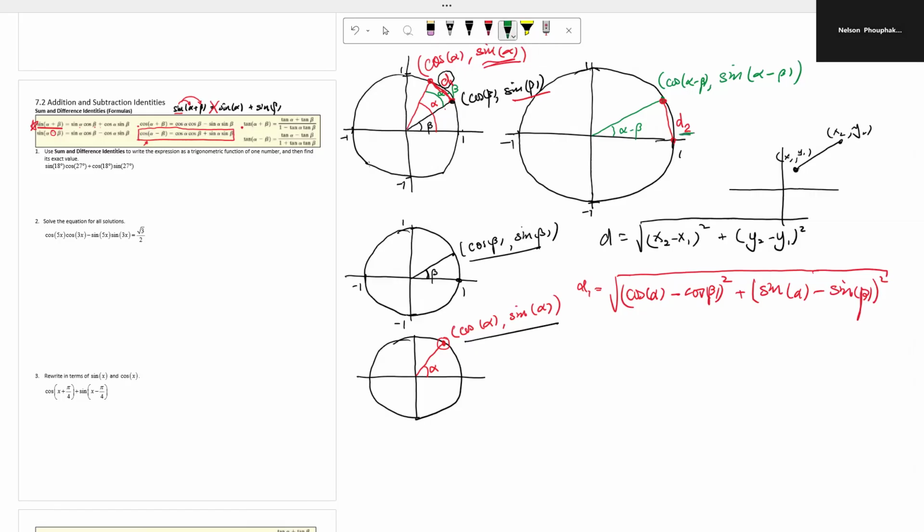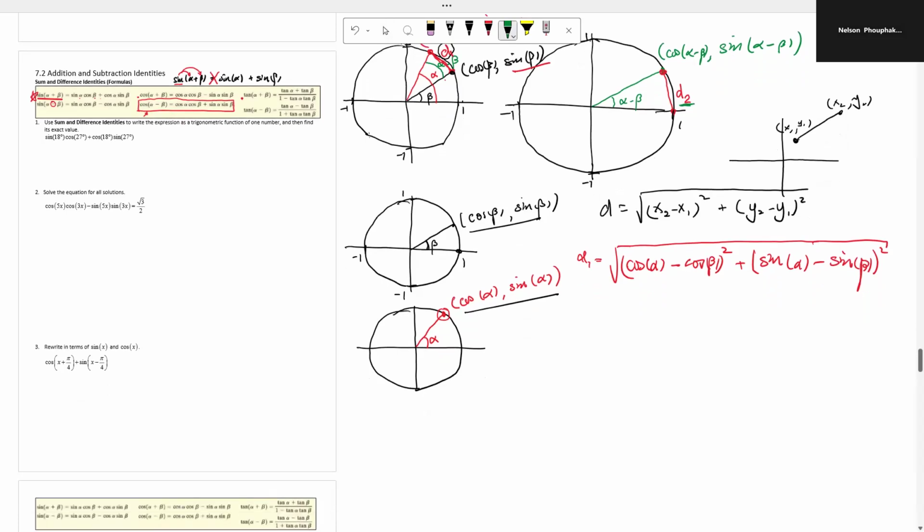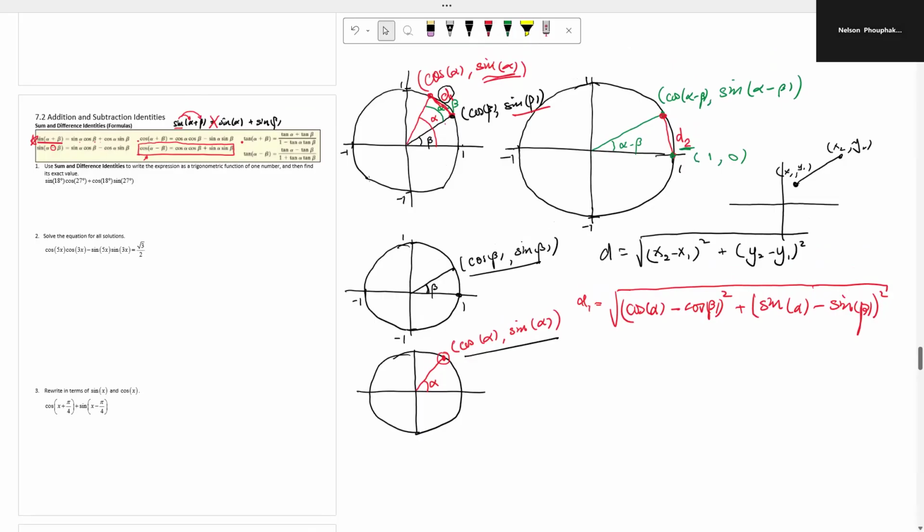Then what is d sub 2? For this one, we know that this point right here is 1, 0. So d sub 2 is equal to the square root of cosine of alpha minus beta minus 1 to the square plus sine of alpha minus beta minus 0 to the square.